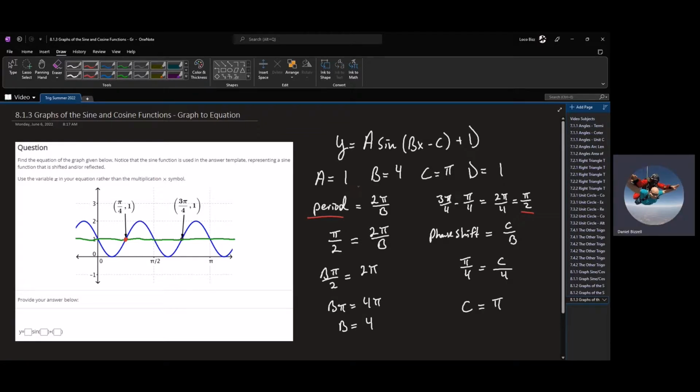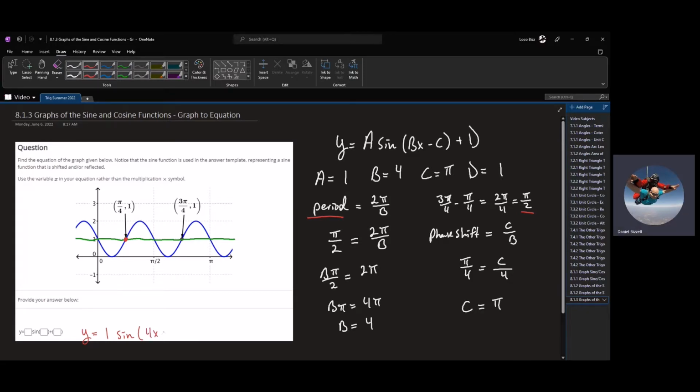Now that we've found our A, B, C, and D, let's fill everything in. These boxes are too small for me to write in, so I'm just going to write it beside it. So we have y is equal to our A, which is 1, sine. Our B is 4x.